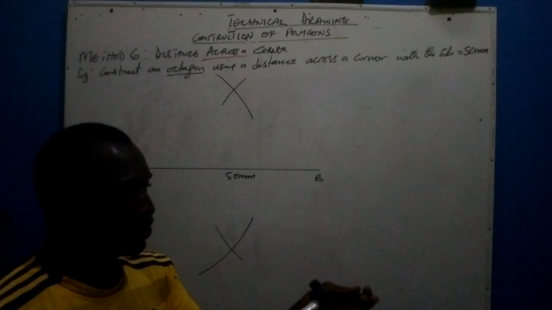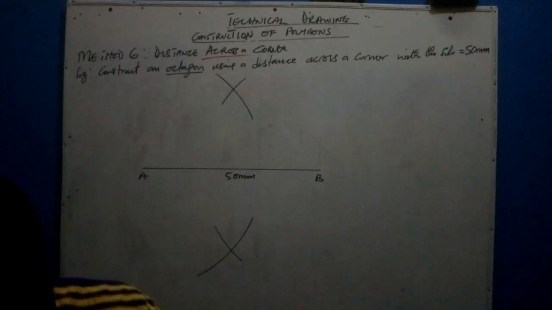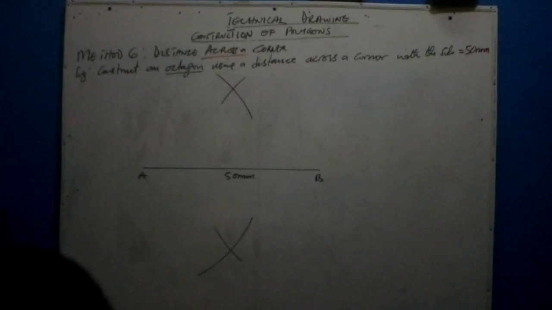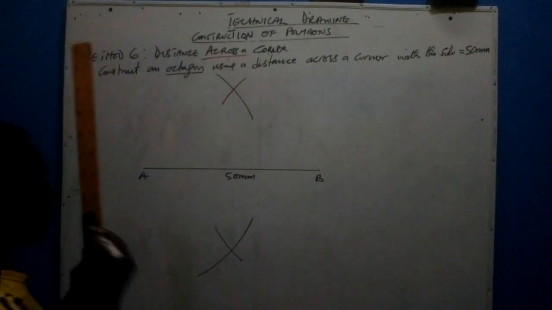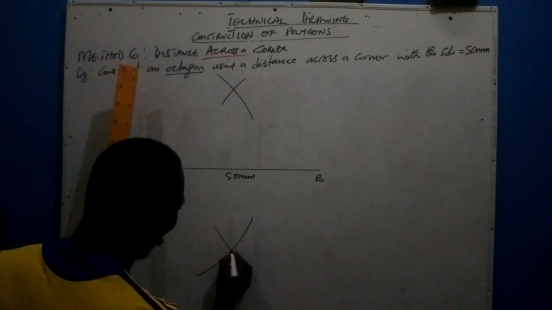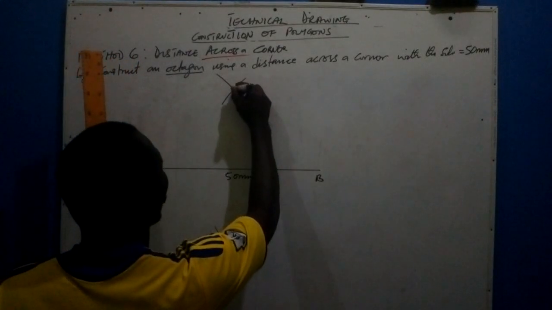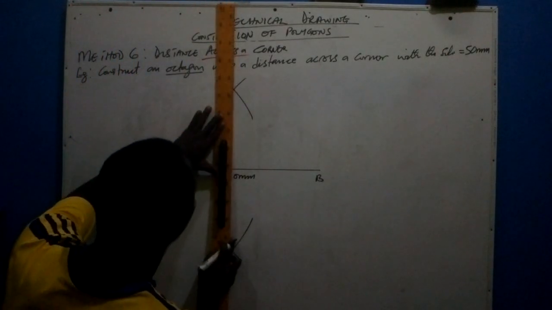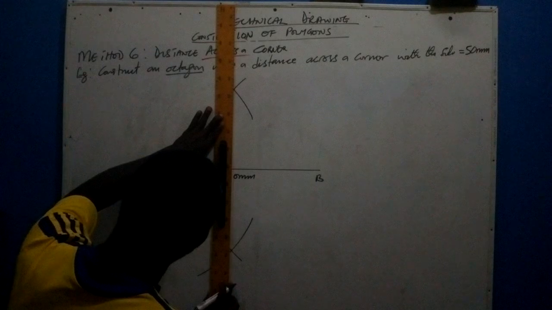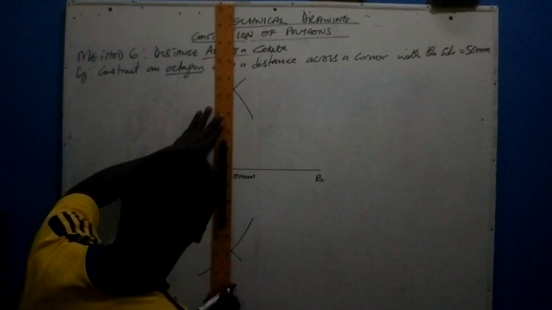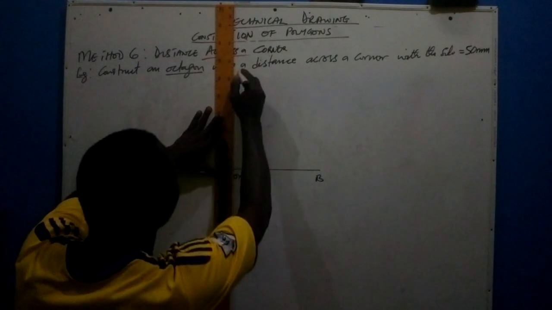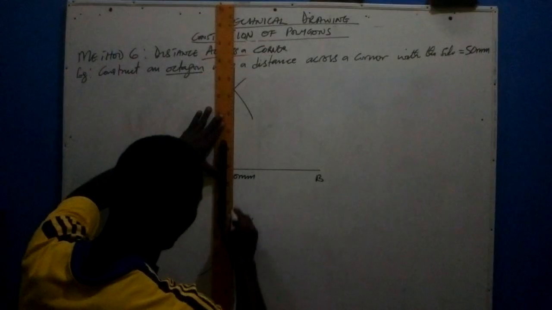To where the two arcs intersect will give me a point. And I can draw my vertical line, or the bisection line.